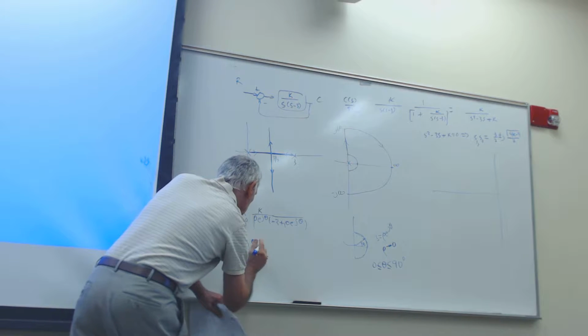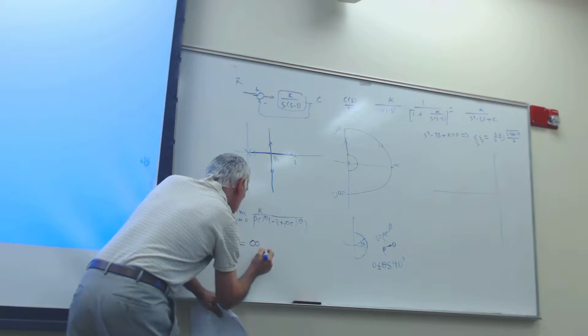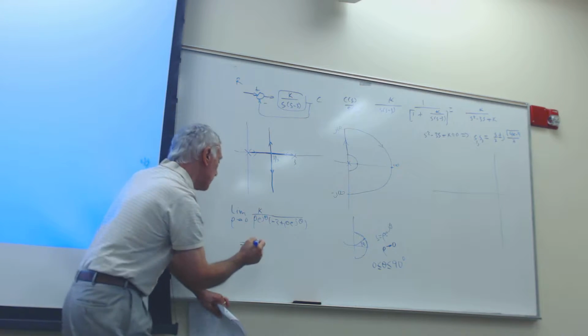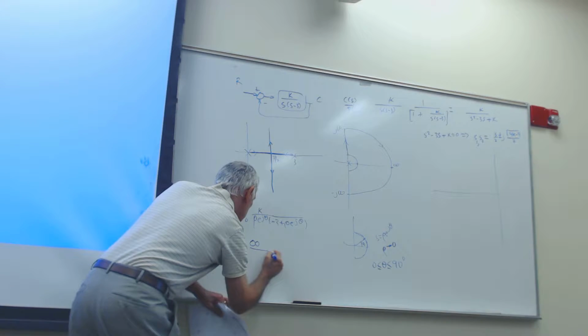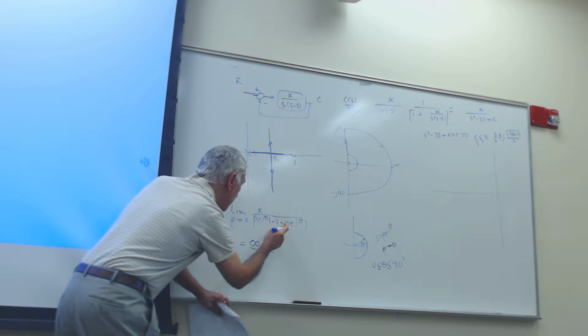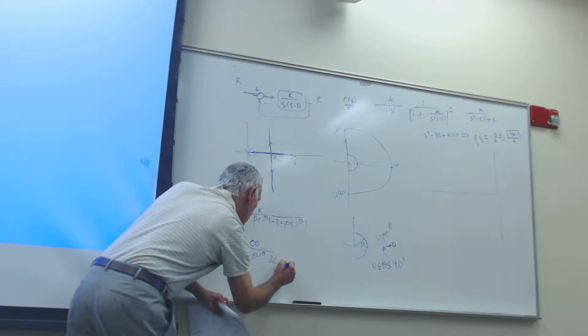Let me put it this way. You've got an infinite value, e to the j theta, and minus 3. Minus 3 can be represented as 3 at angle plus or minus 180.